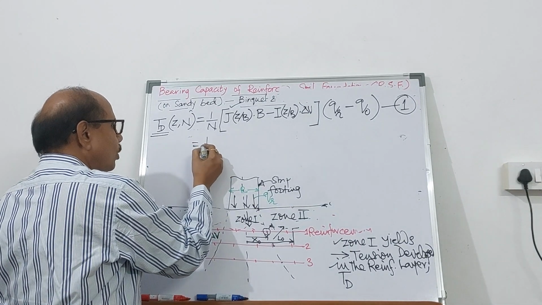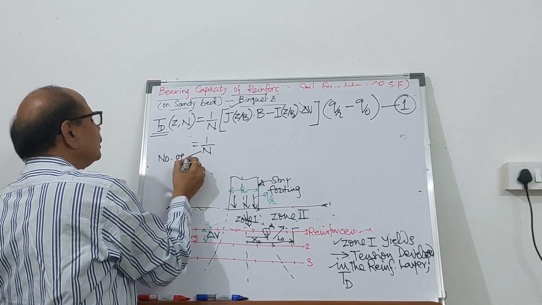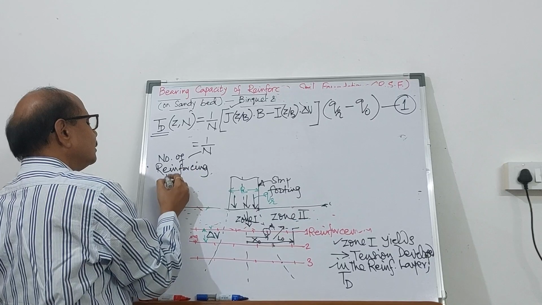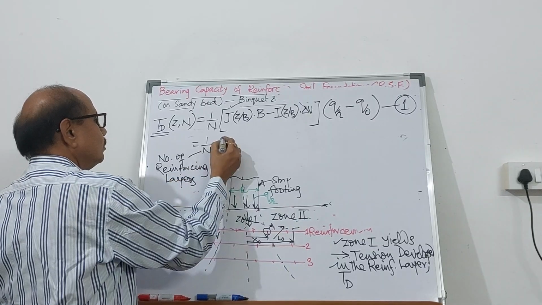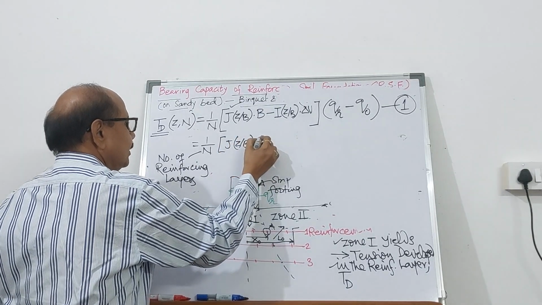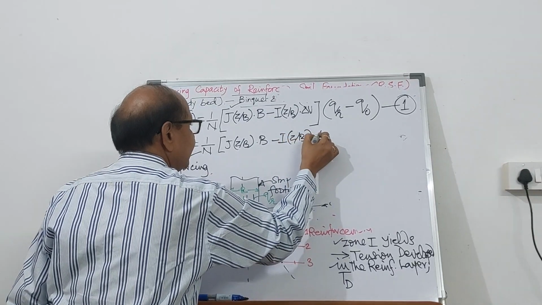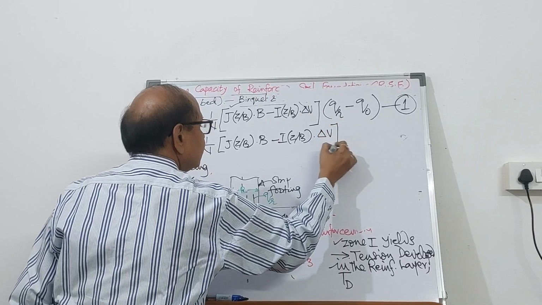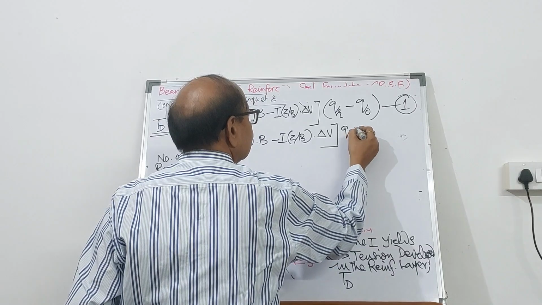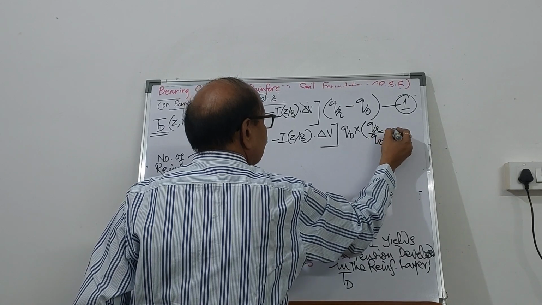You can write it in another form. 1 upon N, N is the number of reinforcing layers, multiplied by J into B minus I into delta V. Now, if you take Q naught here, then it becomes QR divided by Q naught minus 1.